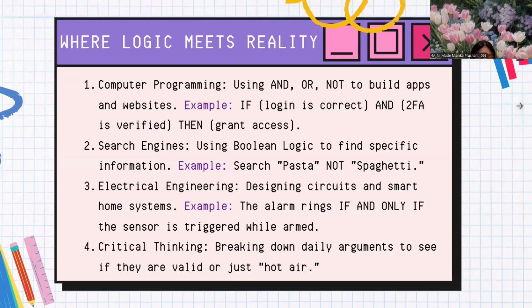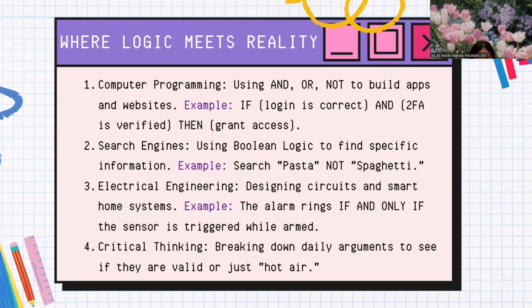Now that we've mastered the building blocks, from simple negations to the balanced biconditional, you might be asking yourself, when will I actually use this? The truth is, you are using mathematical logic every single second you interact with modern technology. First, look at computer programming.